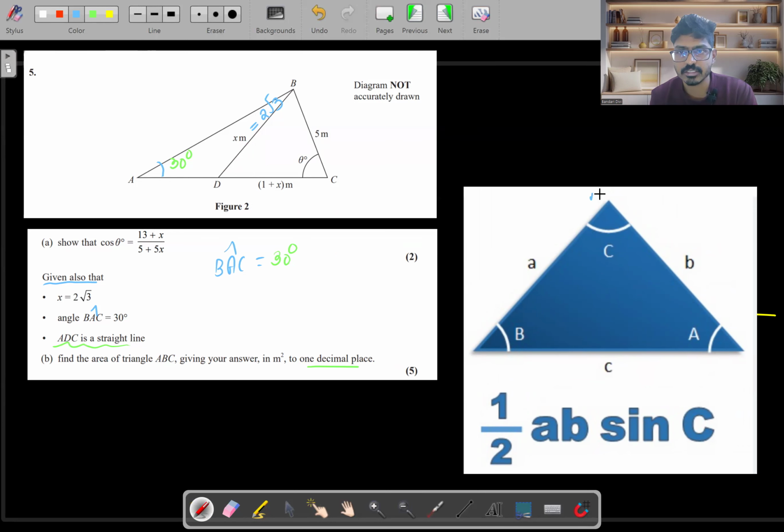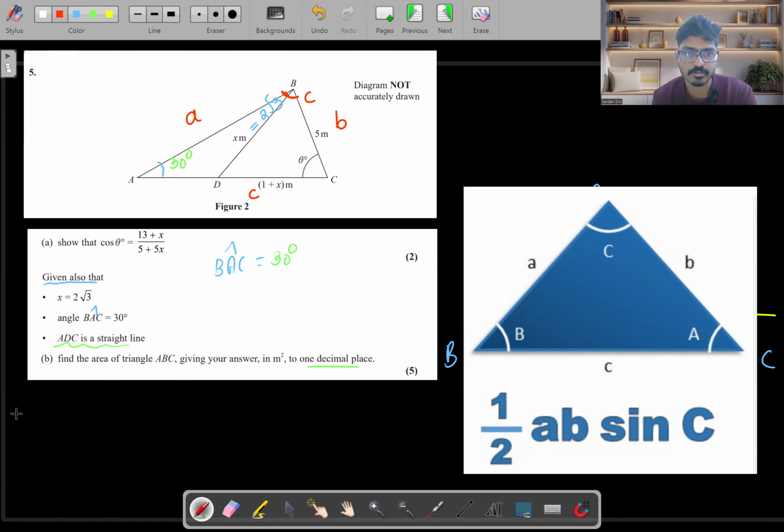If I take this as A, this coordinate as B, and this as C, you can see the angle here we can take as angle C, and this I'll take as angle A. This side I'll take as b, this side as c, and this angle will be angle ACB.